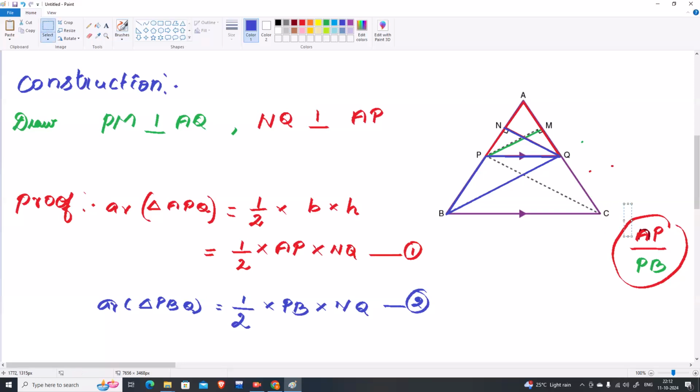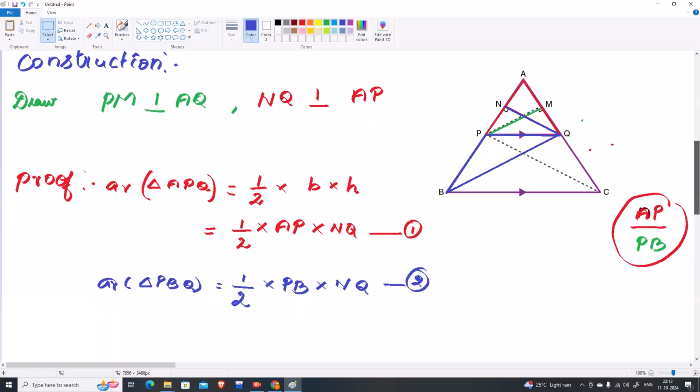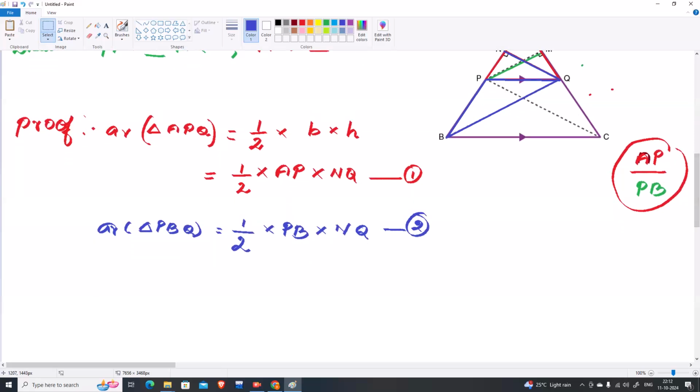Now the left part is over, but we still didn't get AP by PB. When will we get AP by PB? When we divide the first equation by the second equation. So we divide 1 by 2.